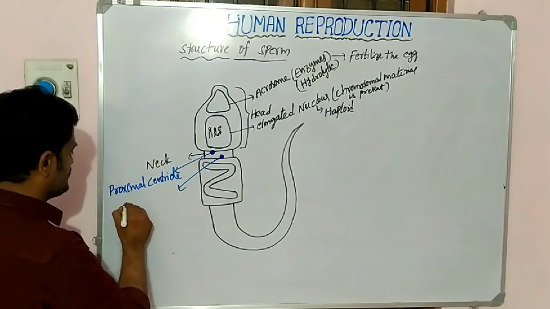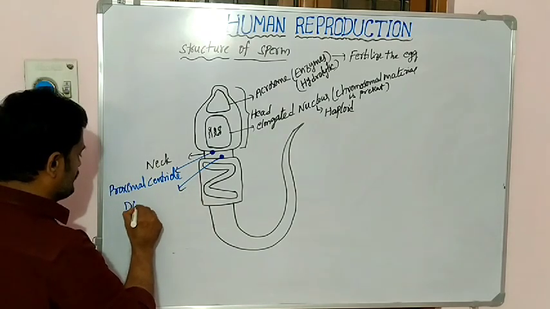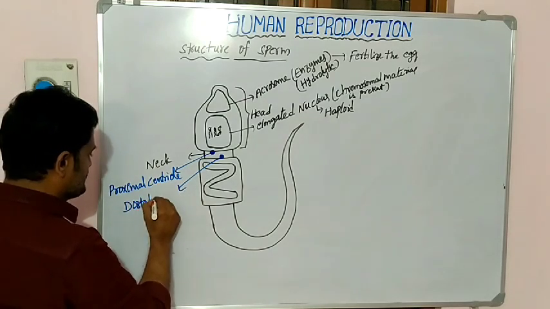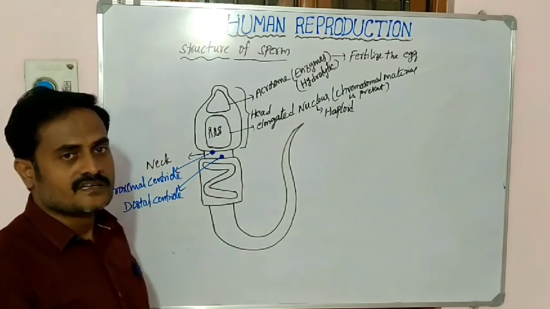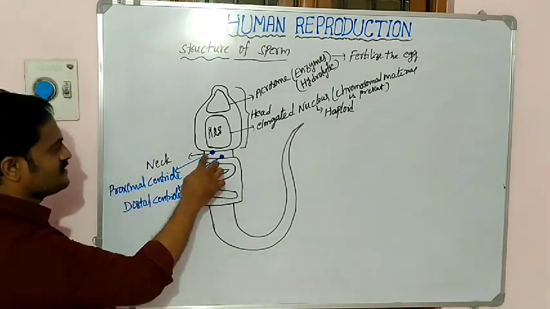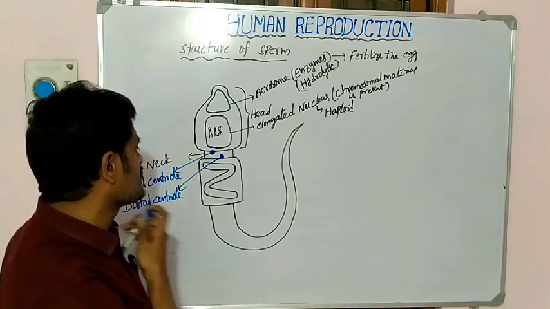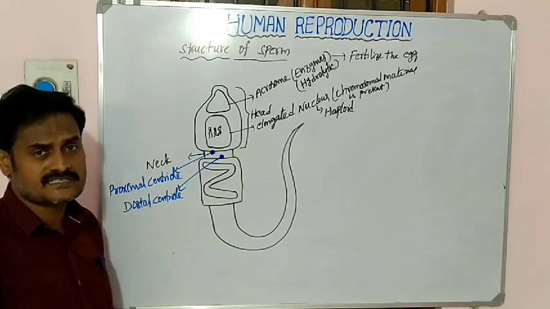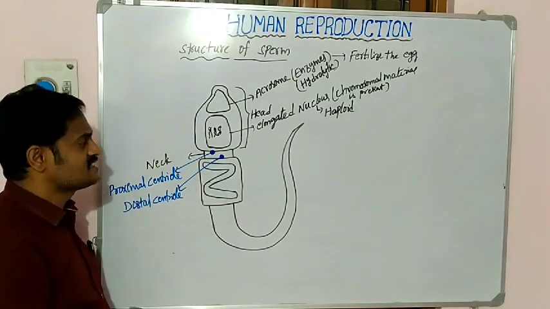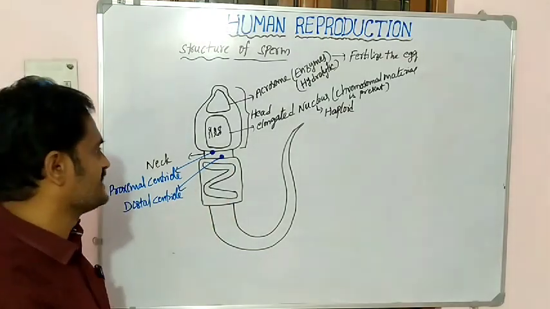This is called the distal centriole. The neck region consists of two types of centrioles: one is called the proximal centriole and the second one is called the distal centriole.